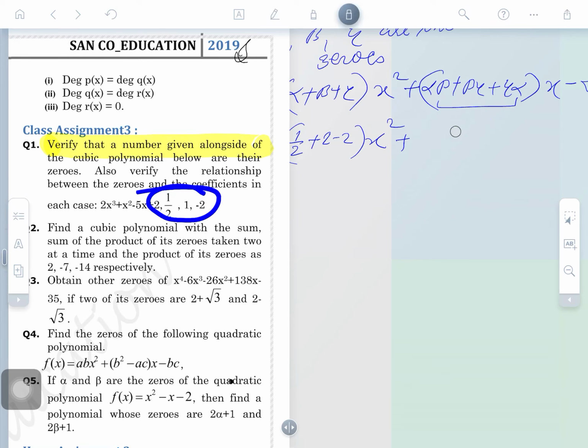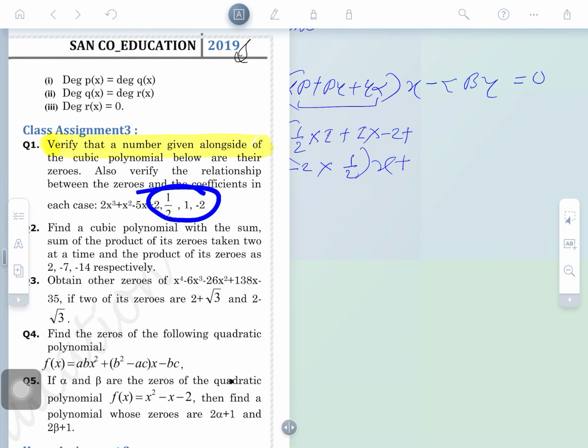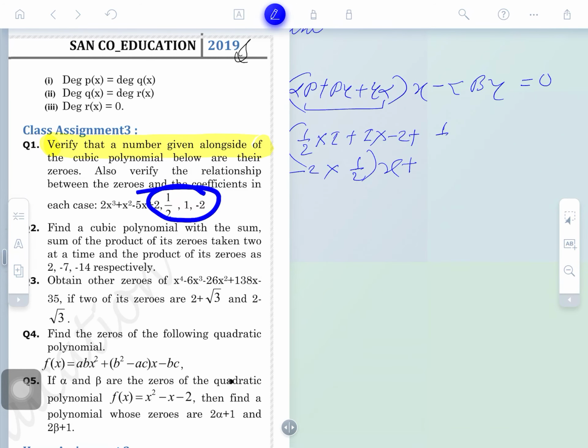The first is alpha beta, meaning 1 by 2 into 1, plus 1 into minus 2, plus minus 2 into 1 by 2, and outside there is x, and at the last we write alpha into beta into gamma, meaning 1 by 2 into 1 into minus 2, equal to 0, as before.